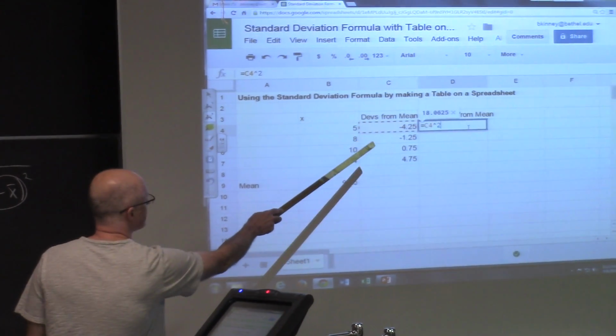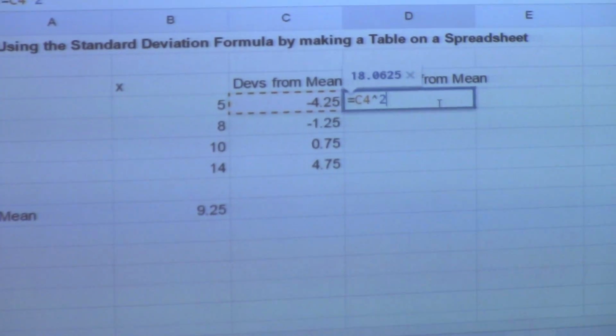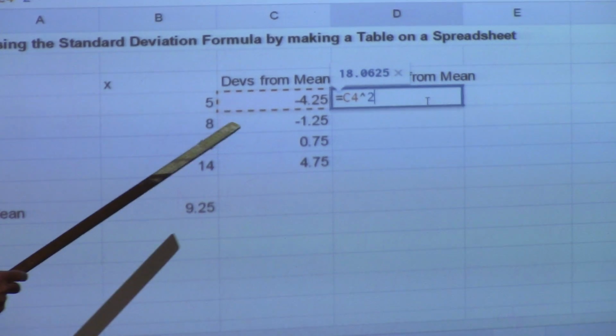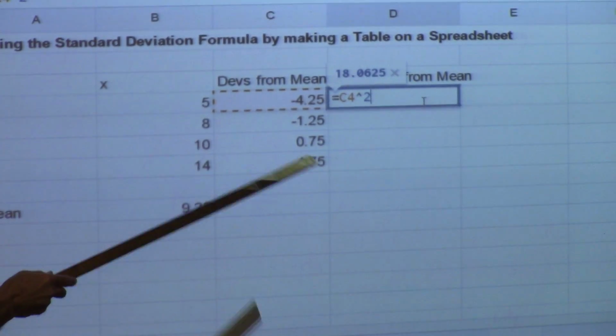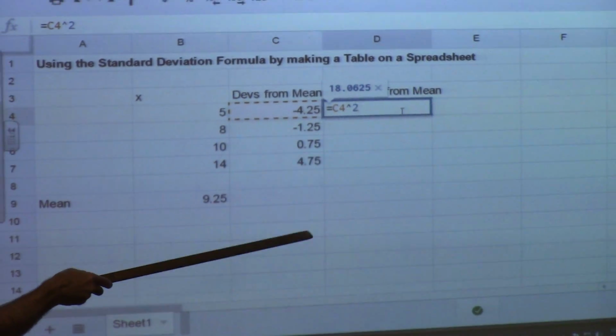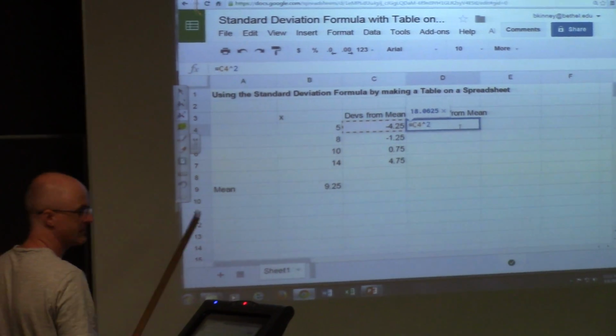That's going to take what's in cell C4 and square it, which is what you want to do. You square those deviations from the mean in the formula. And since I'm not using dollar signs, that formula will correctly get copied and pasted as I go down to D5, D6, D7. It will become equals C5 squared, equals C6 squared, equals C7 squared.